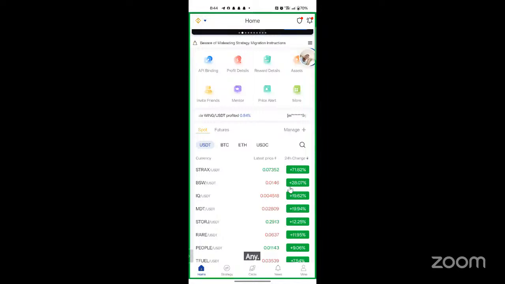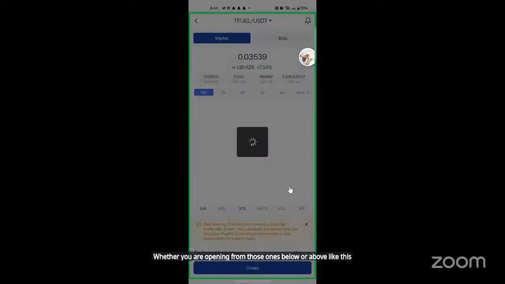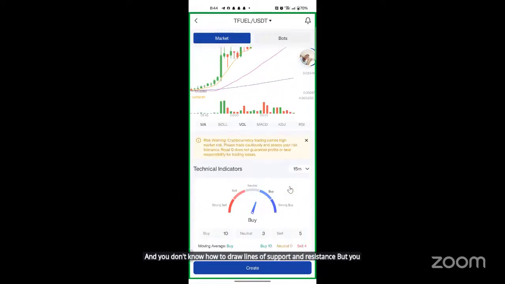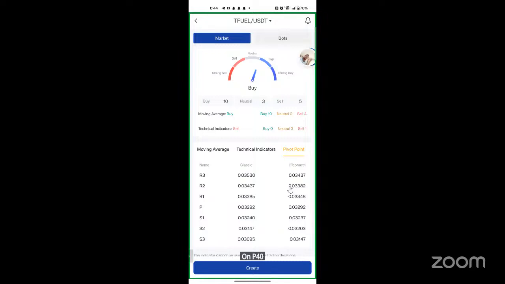Me, I don't care. Whether you are opening from those ones below or above, like this one, in 15 minutes, even if you don't know how to draw lines of support and resistance, you can scroll down here on pivot point.